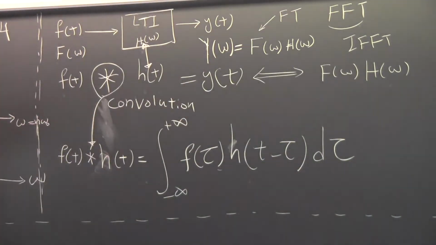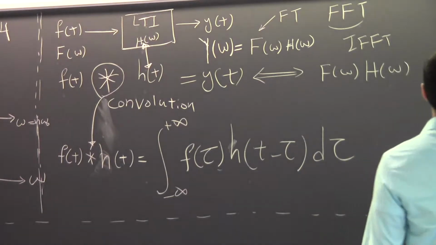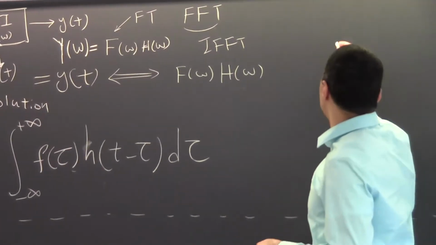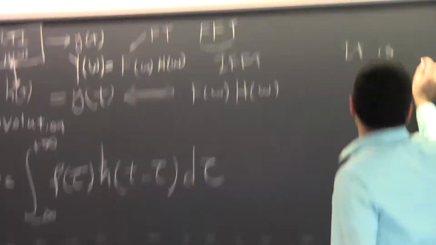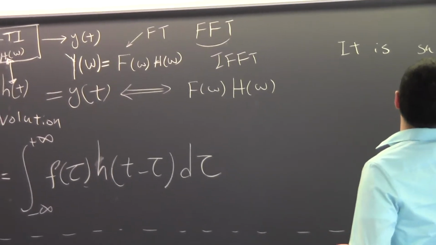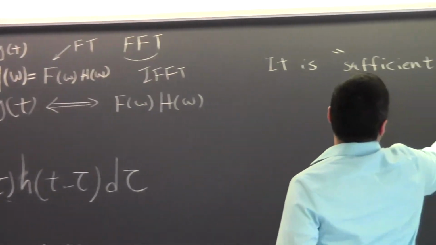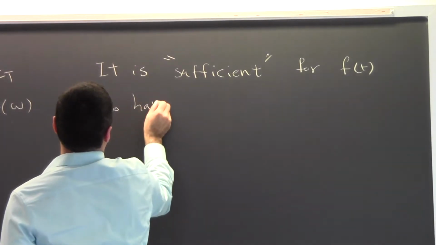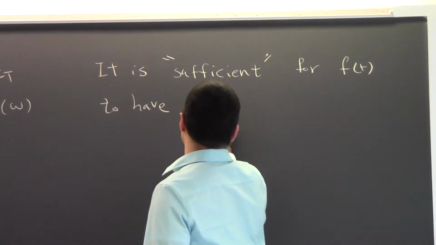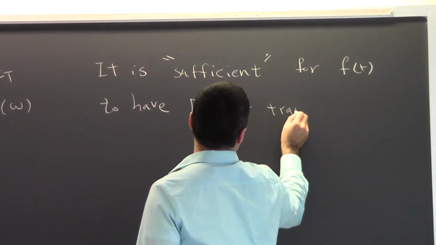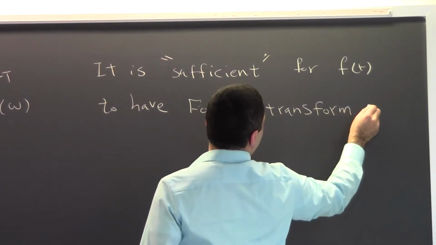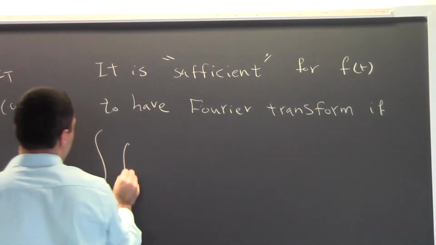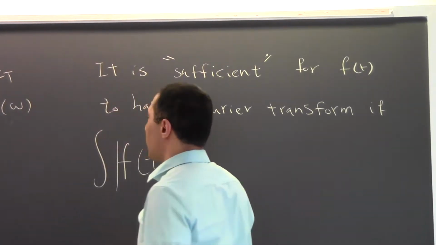Okay, let's move on to one more thing maybe I should mention here. I don't know if I did yesterday or not, but there is a condition. It is sufficient for f(t) to have a Fourier transform if f(t) is absolutely integrable.